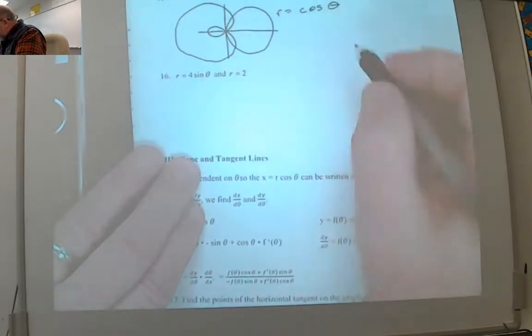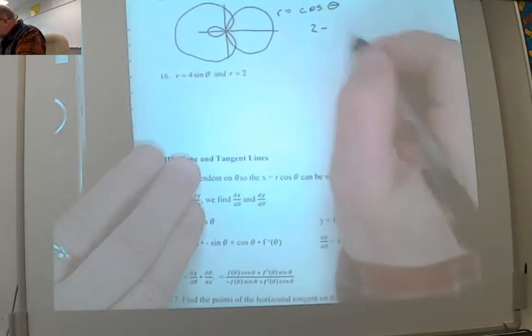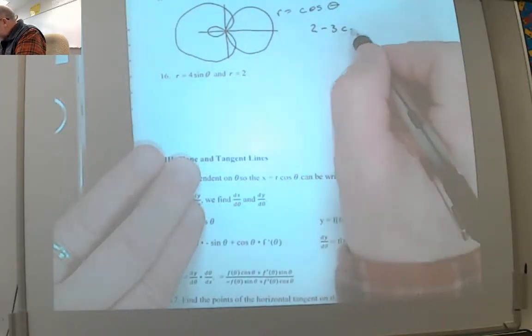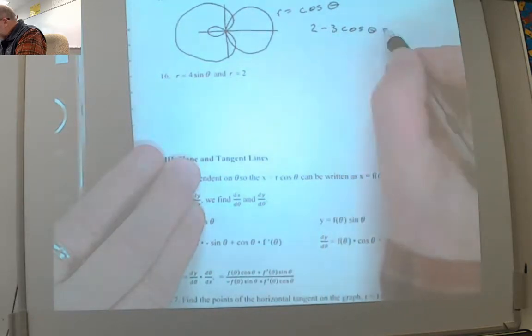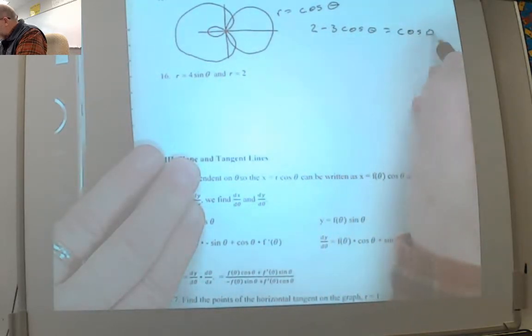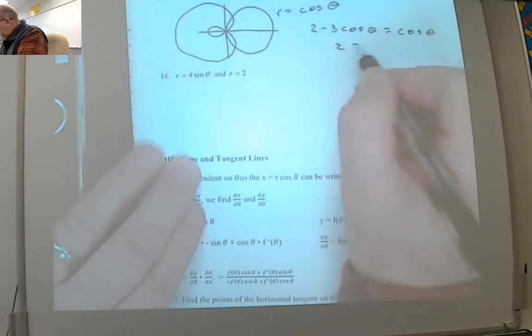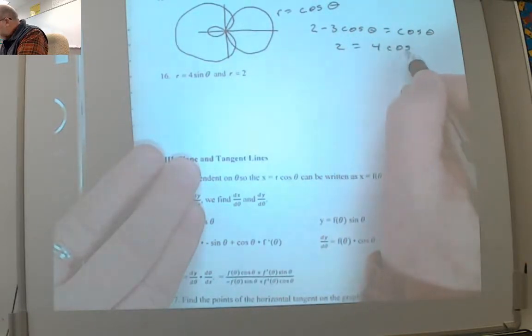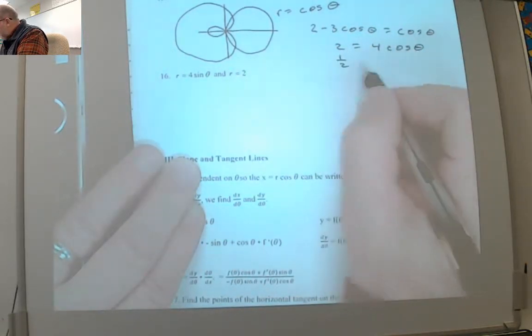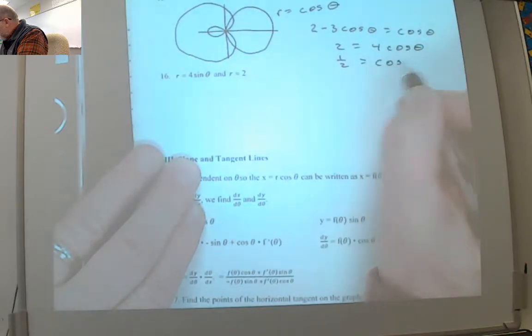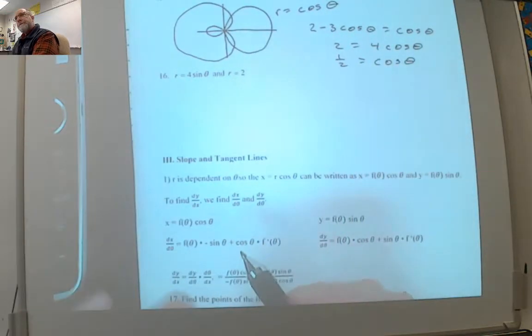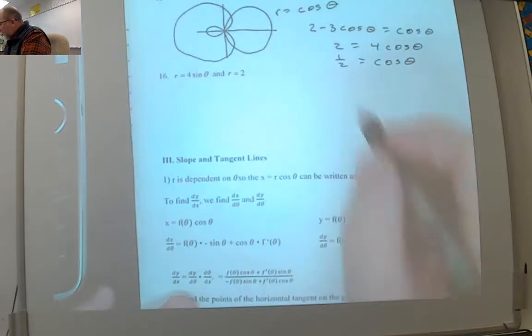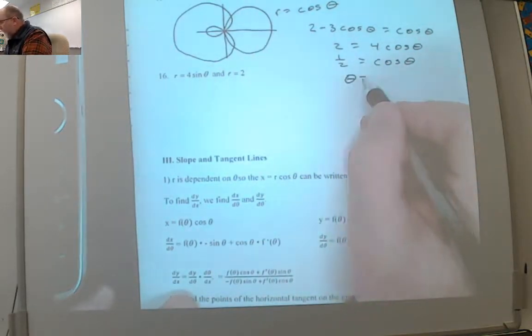So again, I'm going to let them equal each other. So 2 equals 4 cosine theta. 1/2 equals cosine theta. So theta has to be what when they're a half?